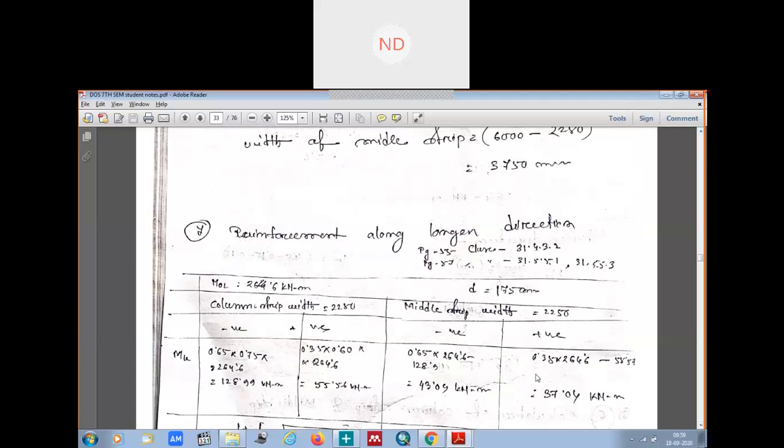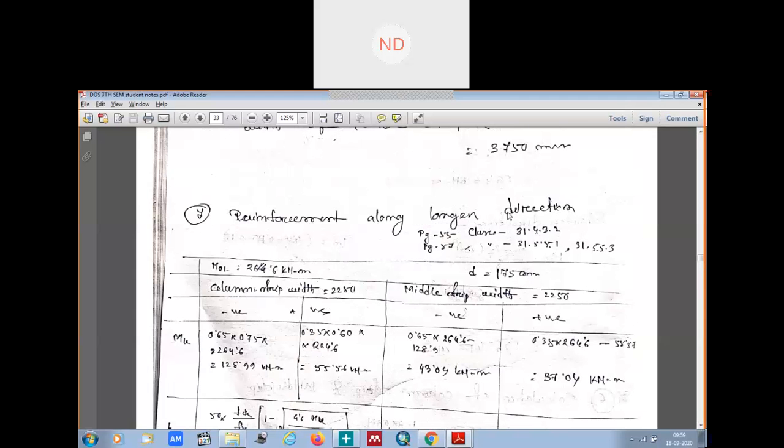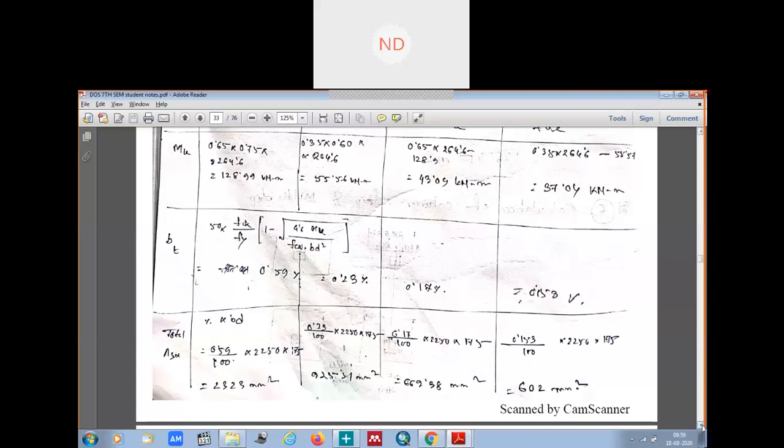We know the depth, we have already calculated this depth for the longer direction, so this will be that value. B we know, since along the longer direction we are calculating, so our B will be how much? Our B will be 4500, we know.